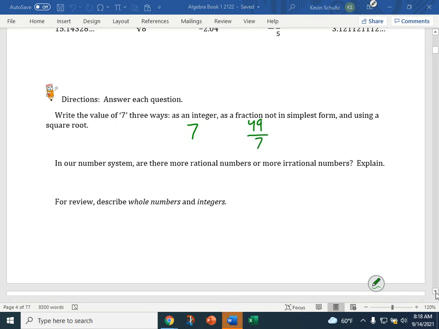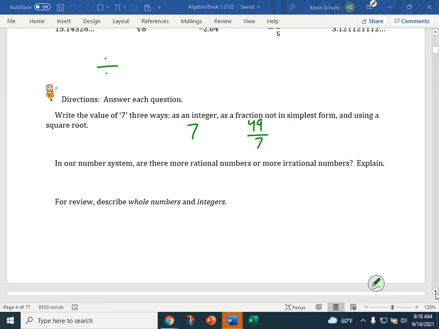Kylie? Because if you simplify it, it's 7. Right. The fraction bar is really just a division symbol, right? That's where our division symbol comes from. Those two dots represent numbers, and you've got that fraction bar in the middle. The fraction bar is really just division. And so 49 divided by 7 equals 7. And then using a square root, I'll leave that one to yourself.